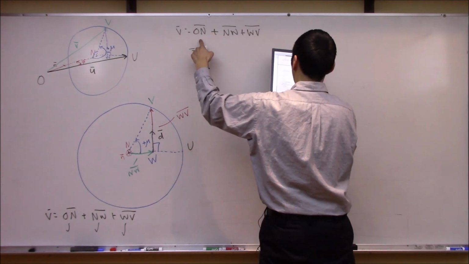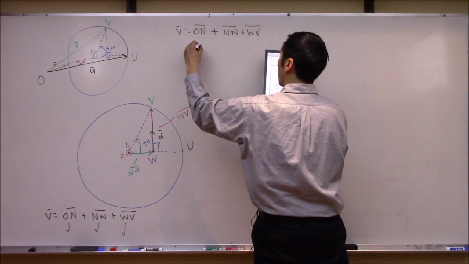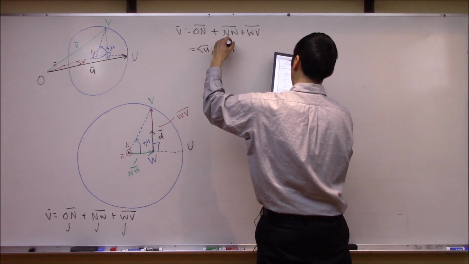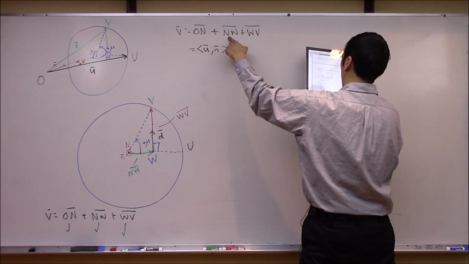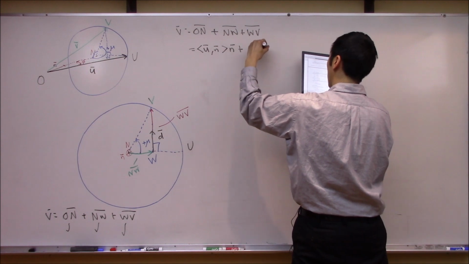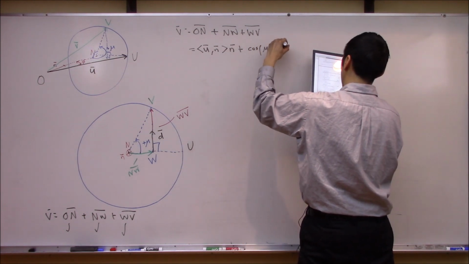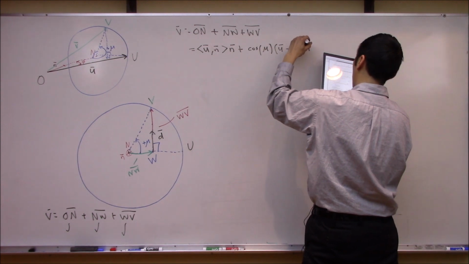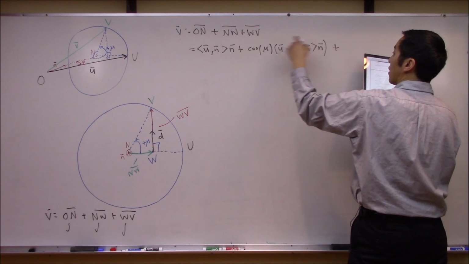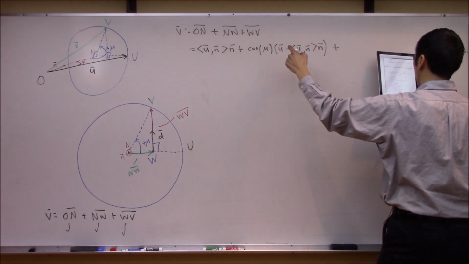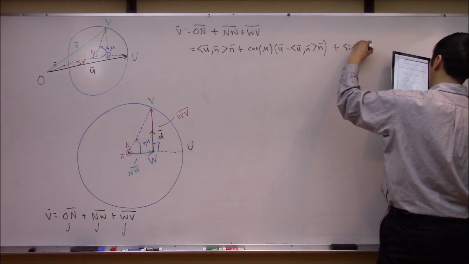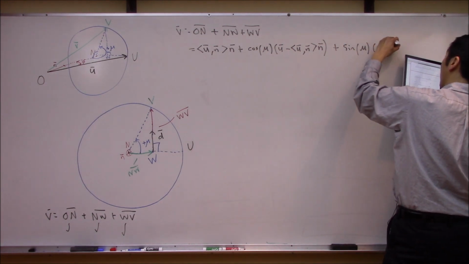Okay, so I think this here was what we called equation 1, which was inner product of UN times N, plus this vector, which I think we said was equation 3. So this is going to be cosine of mu times a quantity U minus inner product UN N, like this, plus WV, which we just got as our equation 9 here, right? So this is going to be sine of mu times U cross N.